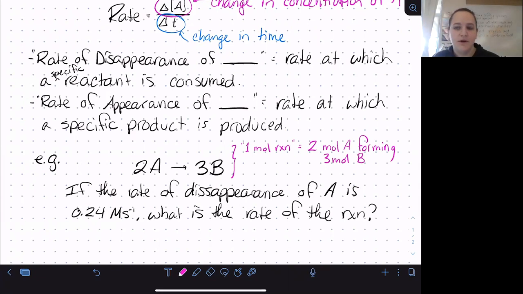So we can do the same kind of stoichiometric conversion that we do with coefficients, but what it amounts to is that we're just dividing by whatever the coefficient is. 1 mole of reaction is equal to each of these coefficients. We take whichever one we need.